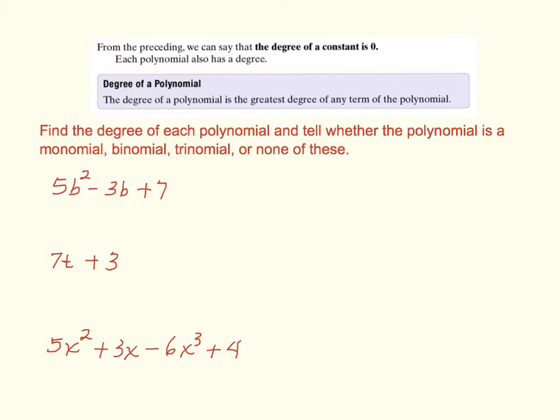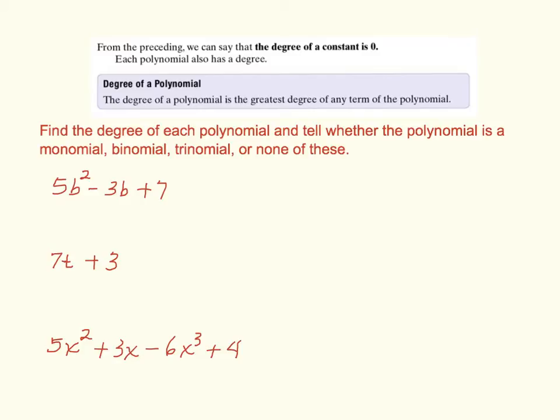That should not be too difficult to do, because look at 5b squared minus 3b plus 7. Before we can find the degree of the polynomial, we must find the degree of each one of the terms in the polynomial. And then we choose the one with the greatest degree. So 5b to the second minus 3b plus 7, which one of those terms has the greatest degree? That's the one we choose to say represents the degree of the polynomial.